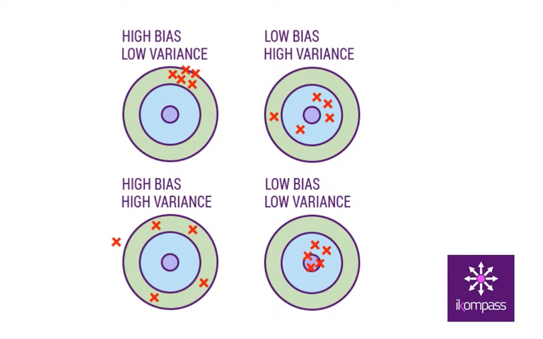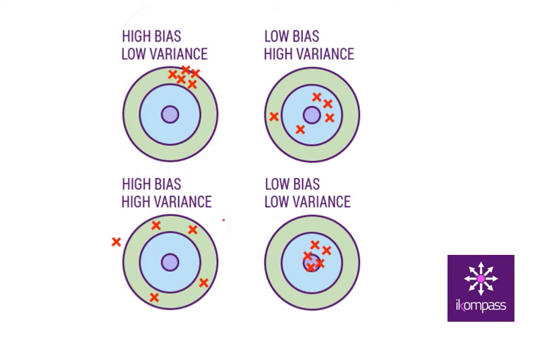Each dart is analogous to a prediction and is thrown by a model trained on a different dataset every time. So a model with high bias but low variance will throw darts that will be tightly clustered but could be far from the bullseye. The close cluster in a high bias, low variance model means it's low variance.